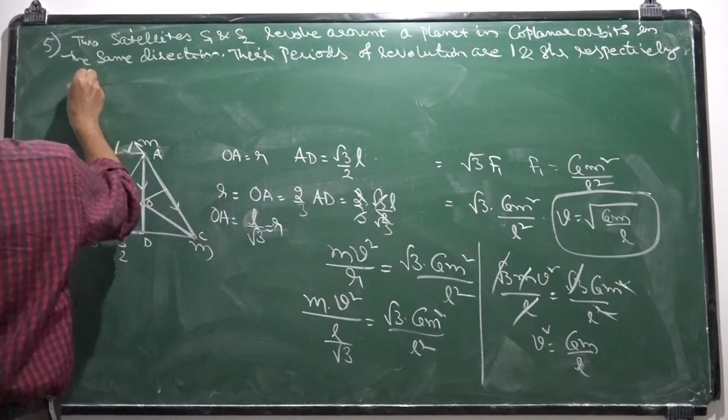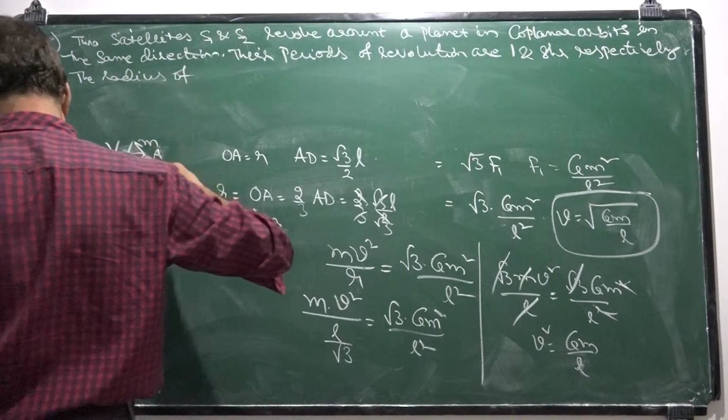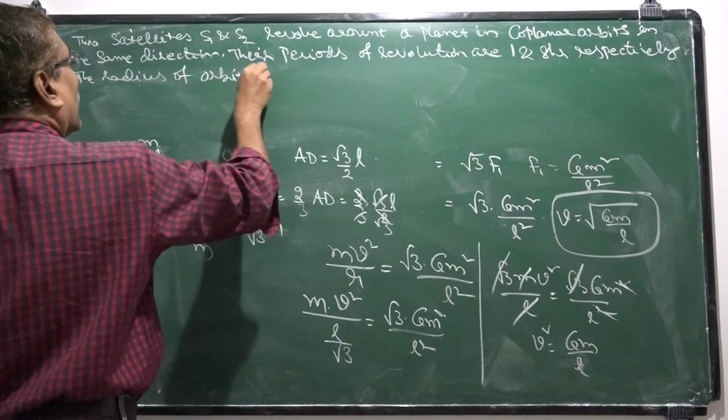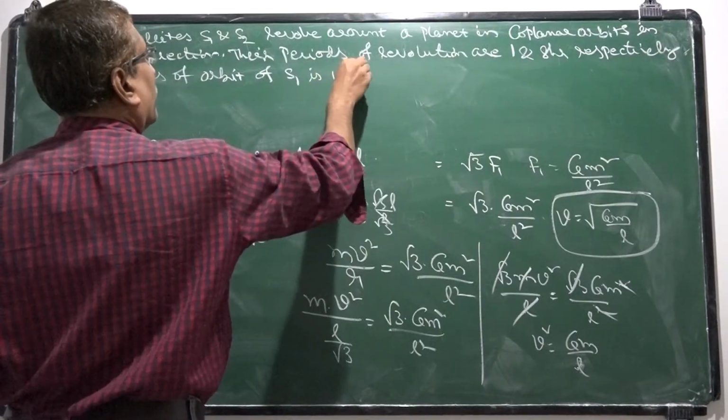The radius of orbit of S1 is 10 power 4 kilometer.